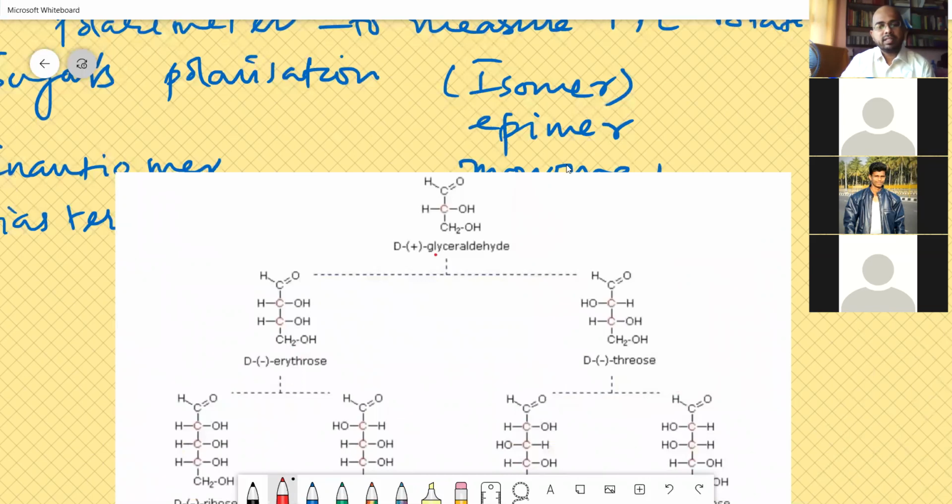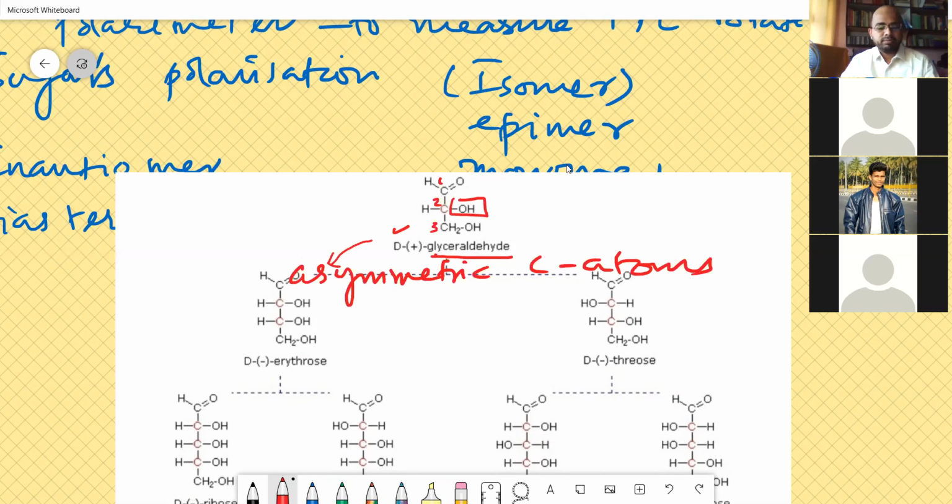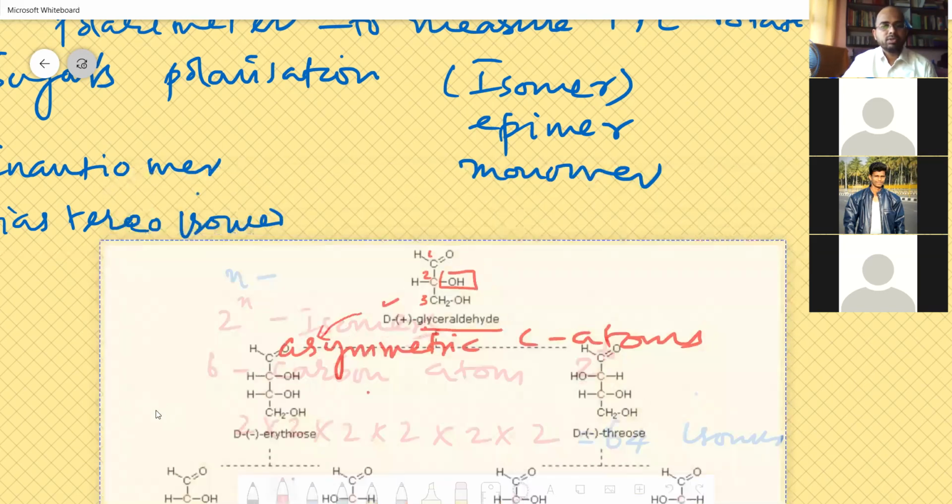So we have taken glyceraldehyde in which OH is on the right. How many carbon atoms are there? 1, 2, and 3. 3 carbon atoms are there. Next is the production of erythrose, in which asymmetric carbon atoms are being introduced.